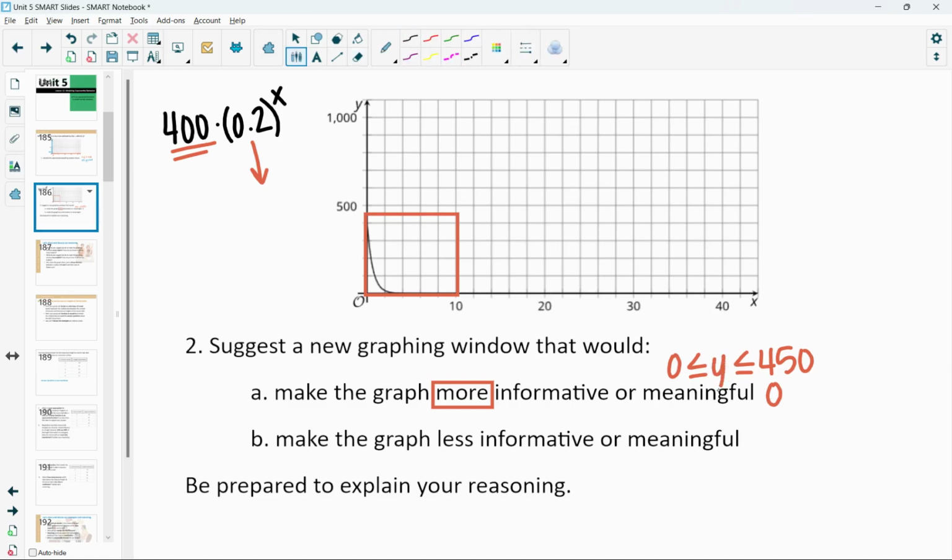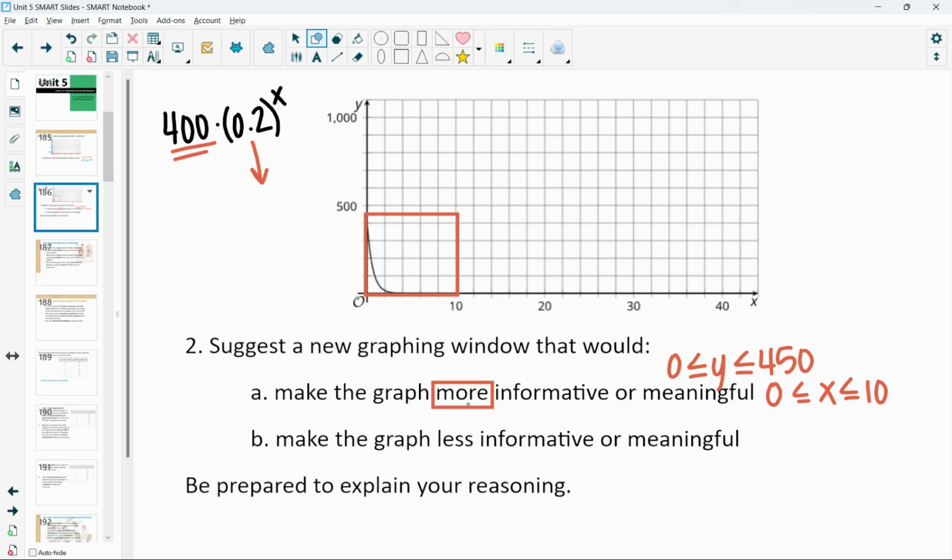So the y values 0 to 450. And then the x values probably 0 to 10. You could maybe stop at 8. And now if you were actually graphing this, then once you get a more informative window, you can adjust from there. So if you could still see that you needed some more, you could always change again.